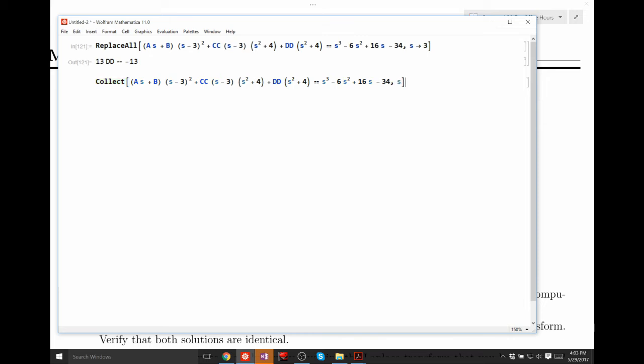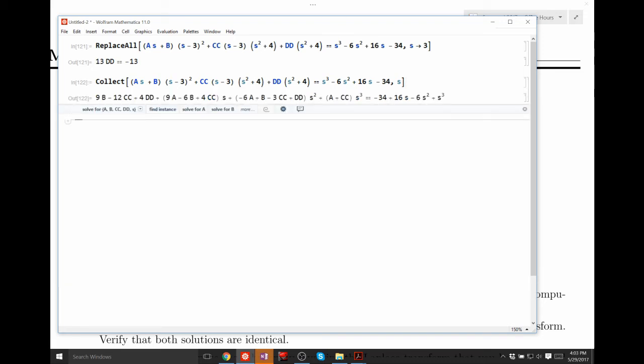You give it the expression and you give it which terms to collect. What it has done is joined together all the things that have s cubed as a multiple. It also has all the things that are multiplied by s squared together and all the things that are multiplied by s.